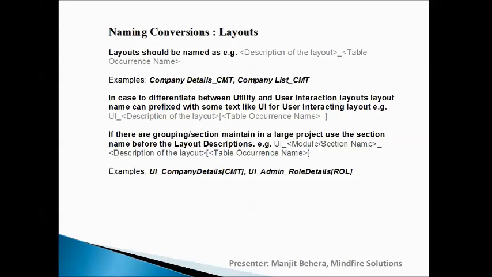To differentiate between utility and user interaction layouts, naming can be prefixed with some text like UI for user interaction layouts, like UI underscore the description of the layout. Then within the square brackets we can have the table occurrence name, or you can use the underscore, then table name, like we have here.